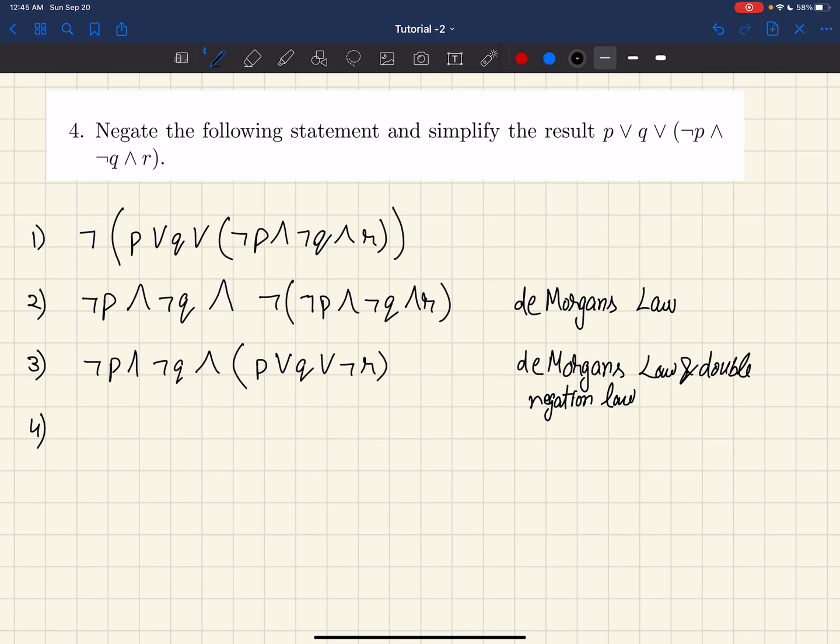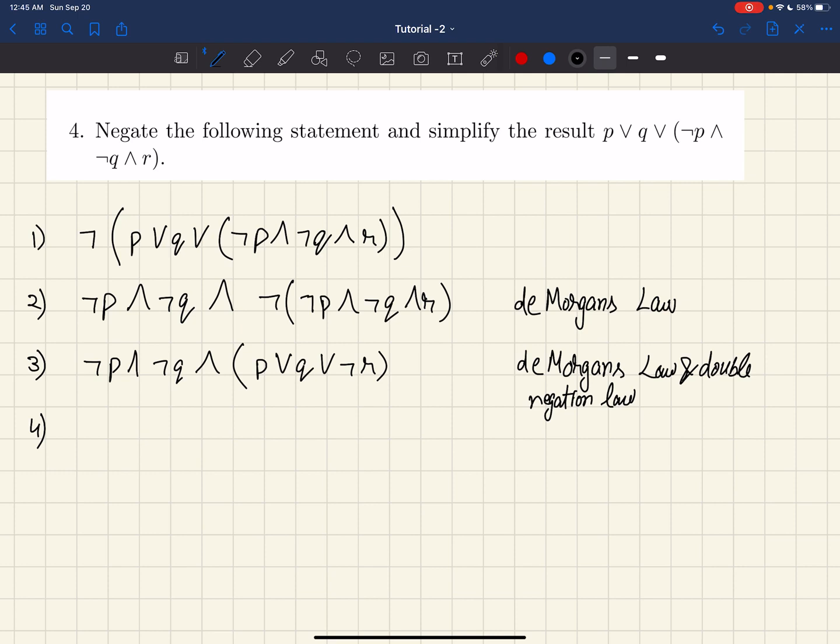Now we can use the distributive law here by taking in one variable at a time. So here I'll first use not of P and this bracket right here.